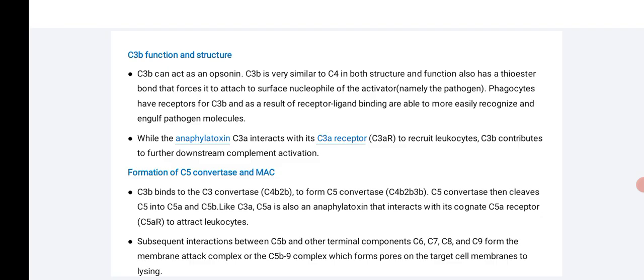Subsequent interaction between C5b and other terminal components like C6, C7, C8 and C9 forms the membrane attack complex, or the C5b-9 complex, which forms pores on the target cell to lyse it.